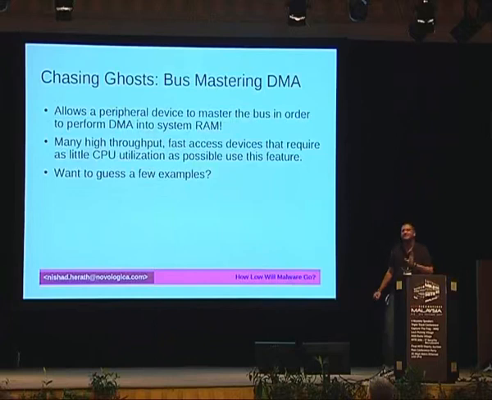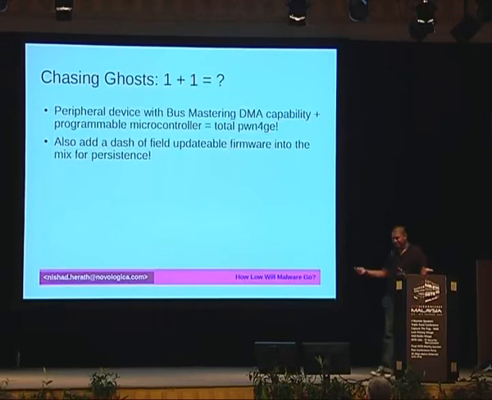To give you an idea of what type of devices use bus mastering DMA, a lot of high throughput devices that need quick access and to move large volumes of data end up using bus mastering because they want to maintain minimum CPU utilization. So I'm sure you can all guess what kind of devices out there do bus mastering. So what do we do with this bus mastering device?